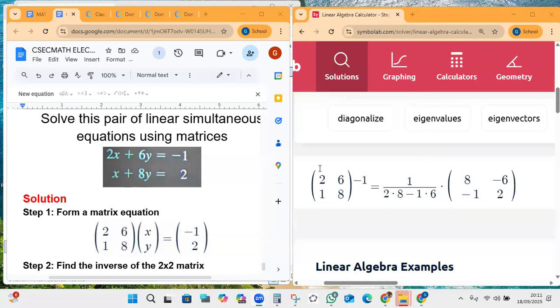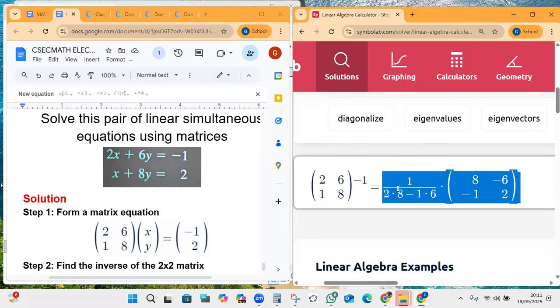The inverse of this 2 by 2 matrix is 1 over the determinant times the adjoint. The determinant is 2 times 8 minus 1 times 6. And for the adjoint, you swap the positions of the leading entries: 2 will take the position of 8, 8 will take the position of 2. Then you change the signs of the non-leading entries: 1 becomes -1, and 6 becomes -6.